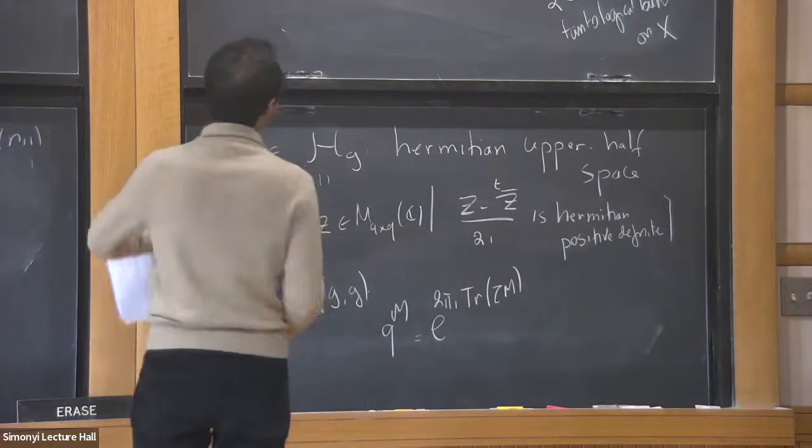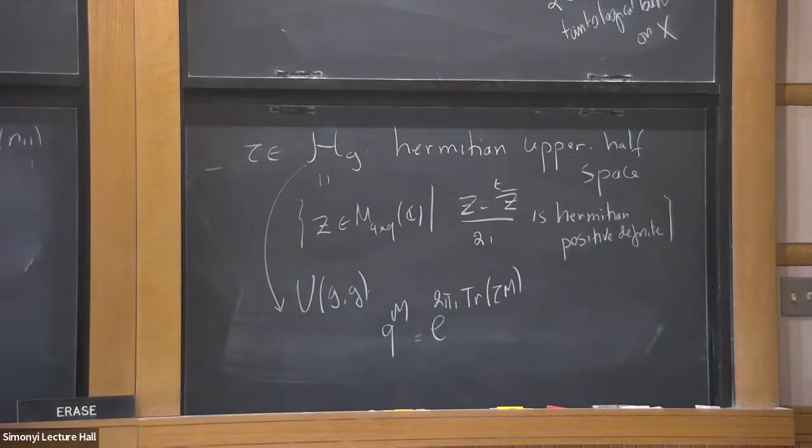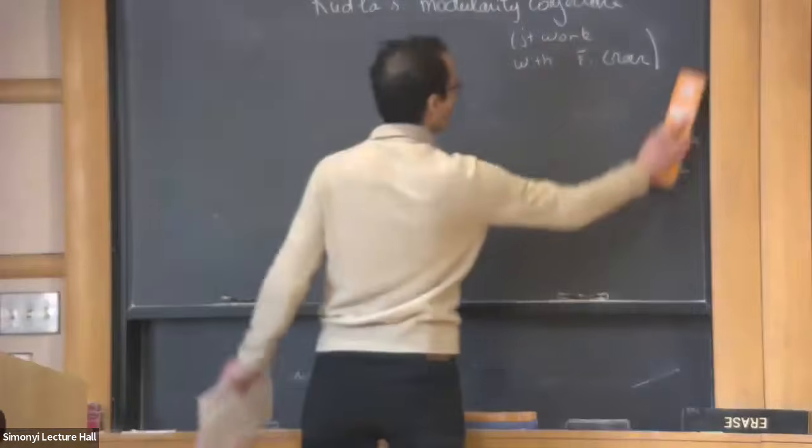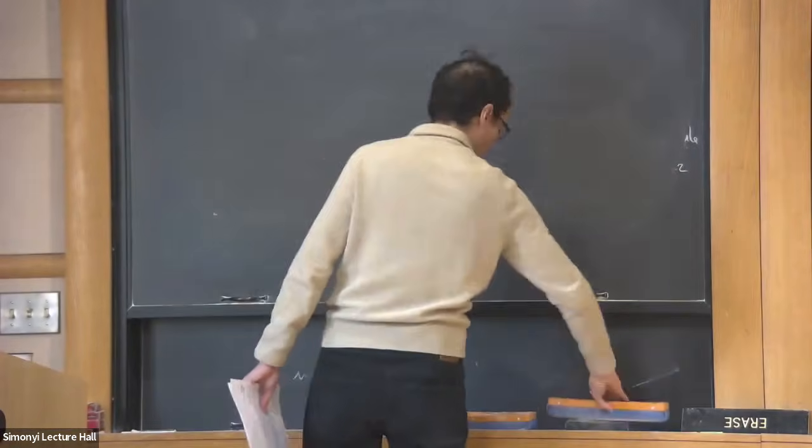Okay, so Kudla and Millson proved the following amazing theorem, is that this generating series is a holomorphic modular form, Hermitian modular forms in the variable tau. Theorem.